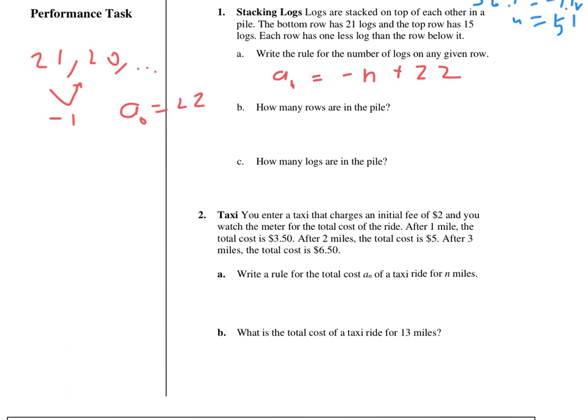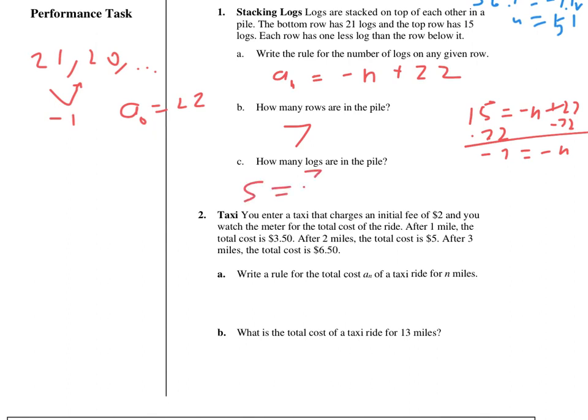How many rows are in the pile? Well, I could plug in 15 right here, since we know that's our top row, and then subtract the 22 over. And so negative n equals negative 7. So that would mean n equals 7. So there's 7 rows in the pile. How many logs are in the pile? So that would be our sum formula, right?